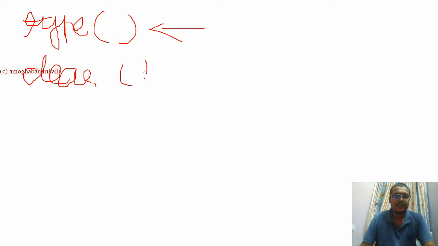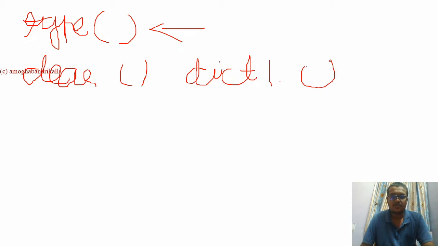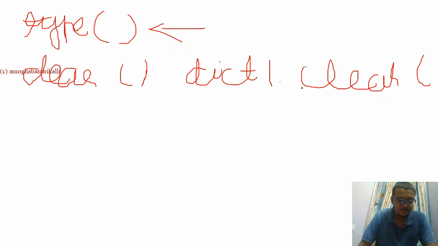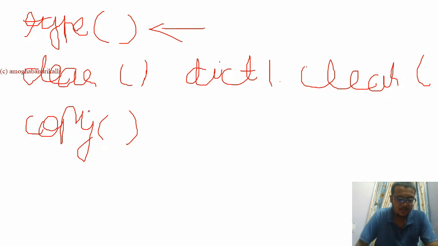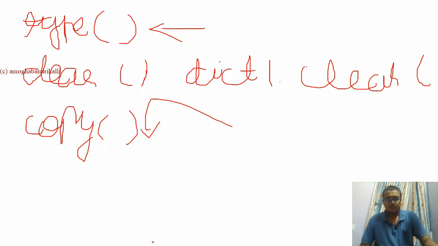It removes all the entries. The syntax is the dictionary name, dot operator, clear. You can use this. The next command is copy. You can copy the dictionary to another variable. Okay, the next command is fromkeys.